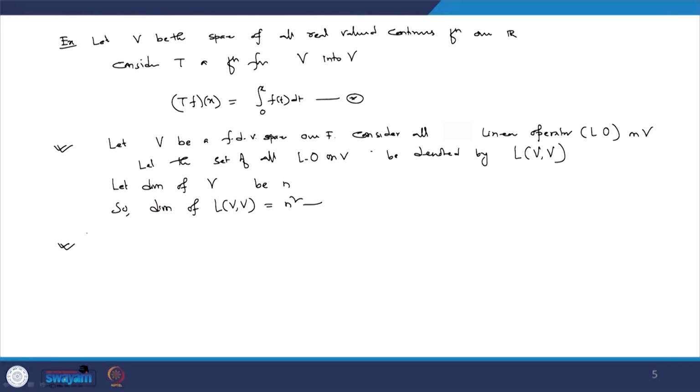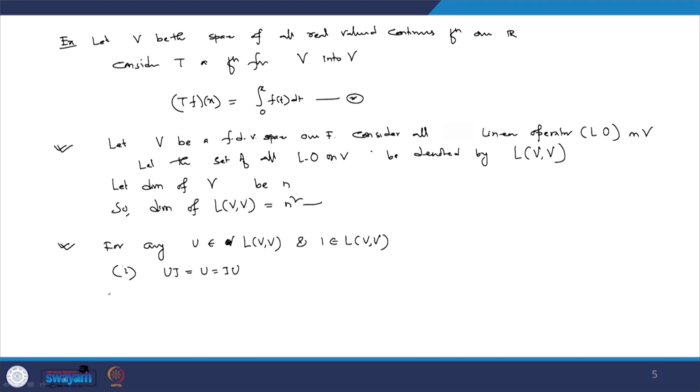First, for any U belonging to L(V,V), and the identity function from V to V will also be in L(V,V), it is also a linear operator. I belongs to L(V,V). We have U into I equal to U, which is equal to I into U also.